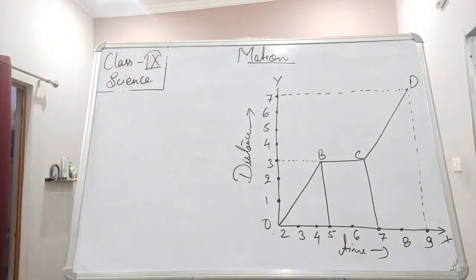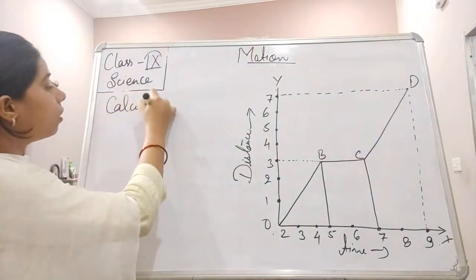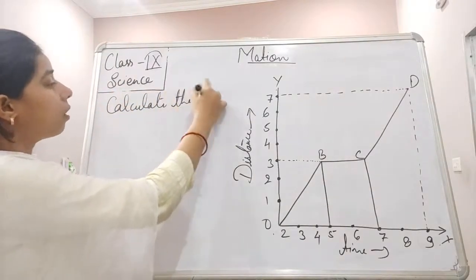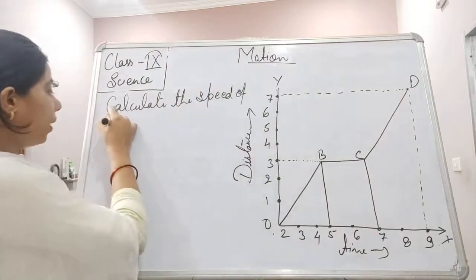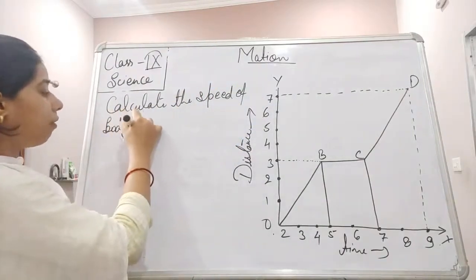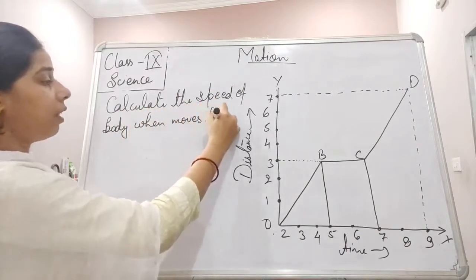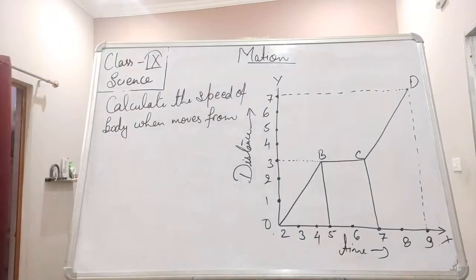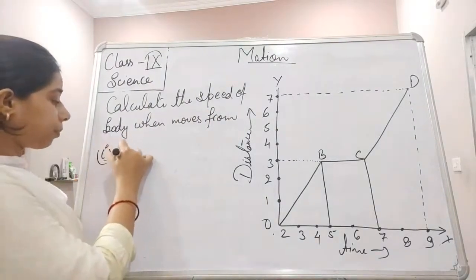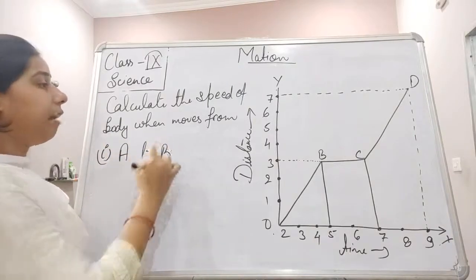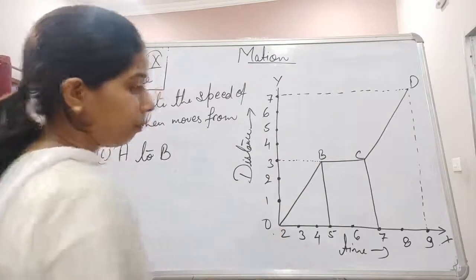Calculate the speed of the body when it moves from the first one, A to B. We have to find the speed when it moves from A to B.